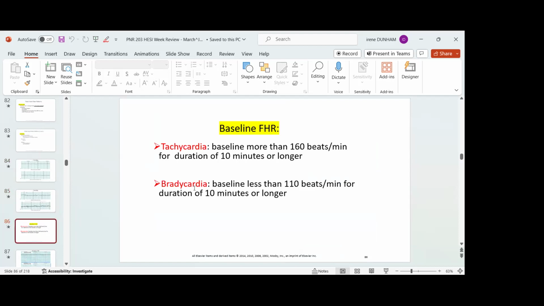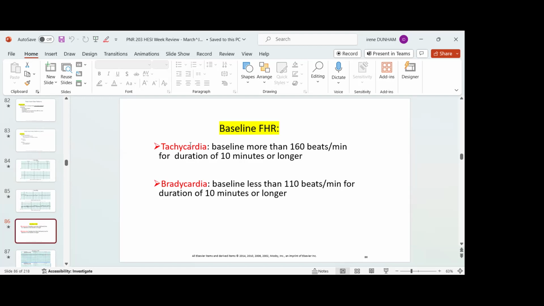Okay, so your normal fetal heart rate is between 110 to 160. So if you have a baseline that's less than 110, that's bradycardia. If you have a baseline that's more than 160 beats per minute for 10 minutes or longer, that's tachycardia. Now, tachycardia can be caused by mom having an infection.